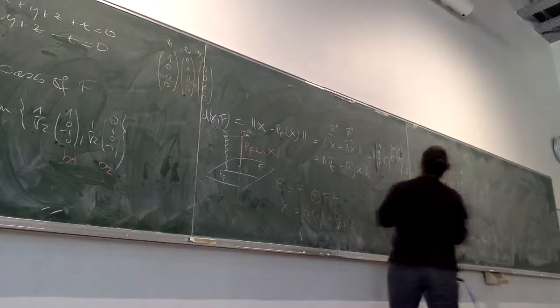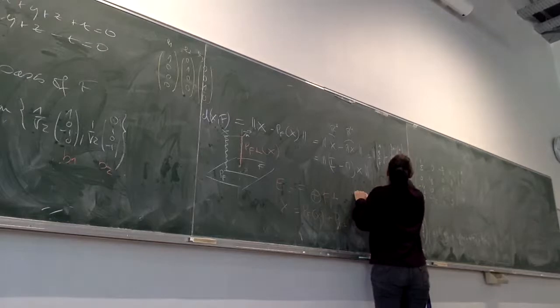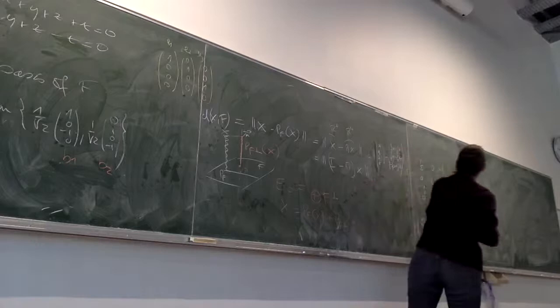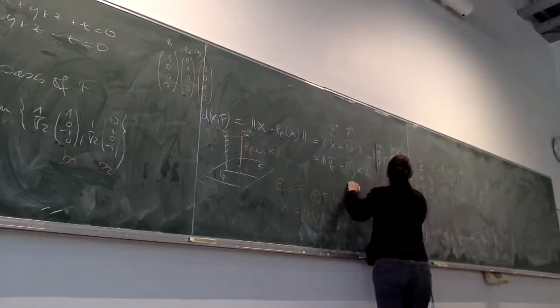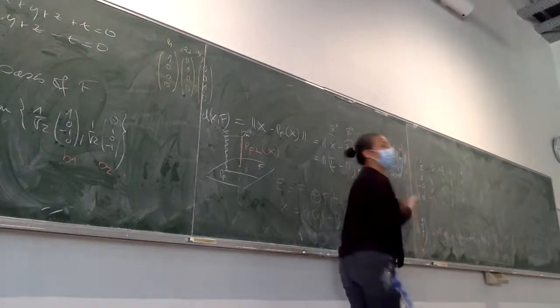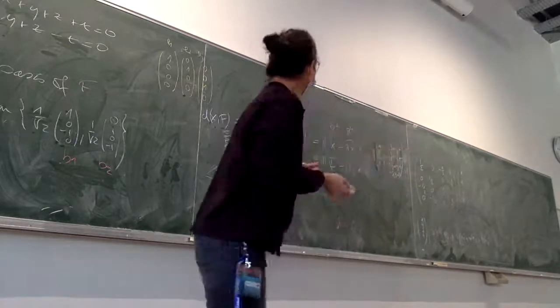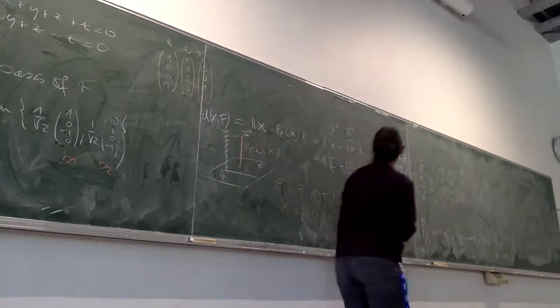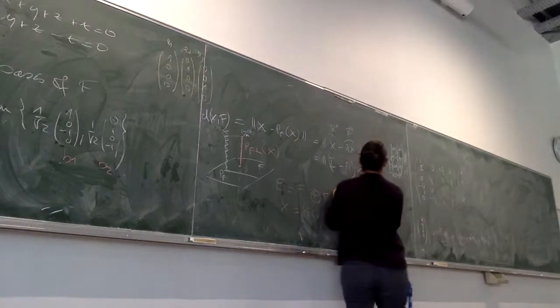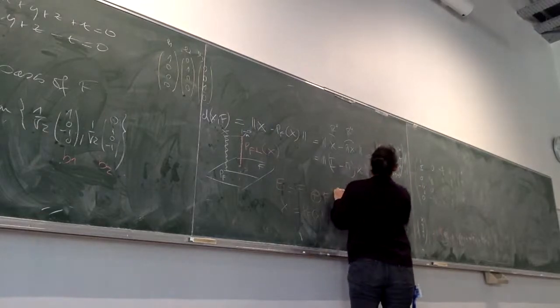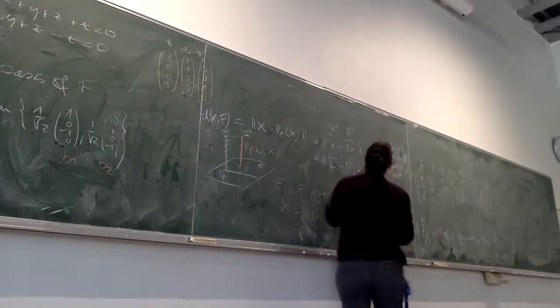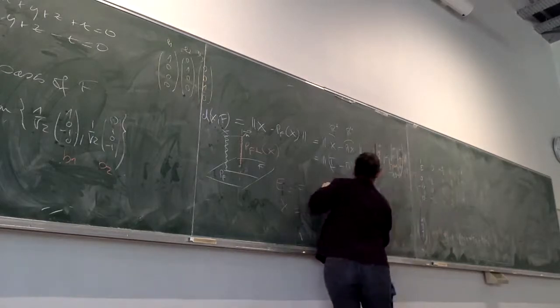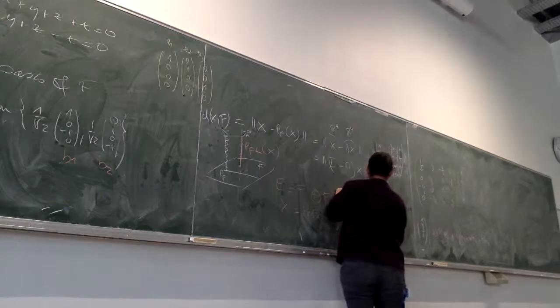Third, negative 1/2 of x plus 1/2 z. And the fourth component: minus 1/2 of y plus 1/2 of t. Okay, and that's giving me some components. So I'm really looking for the norm of this vector, which is 1/2 of x plus z, y plus t.